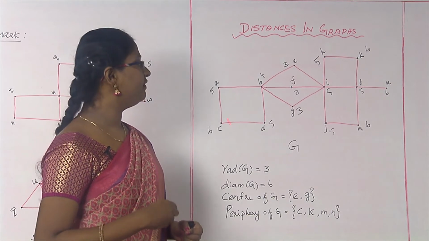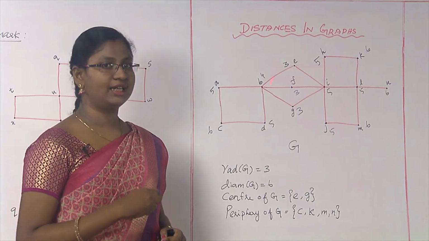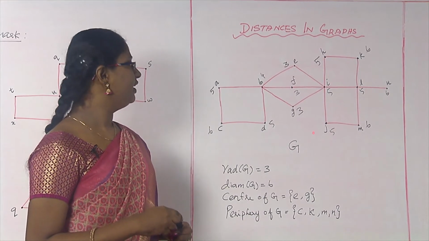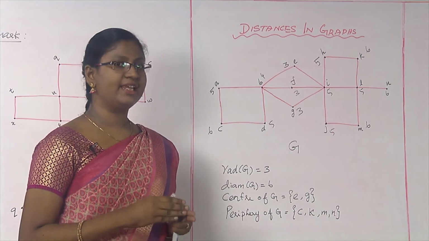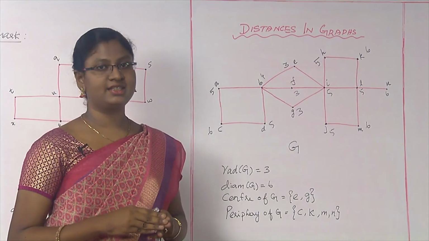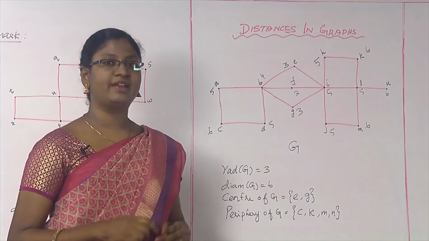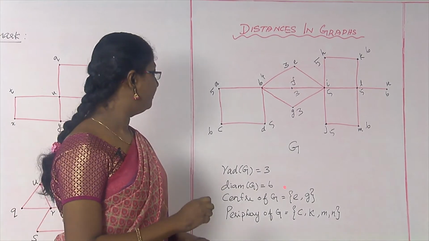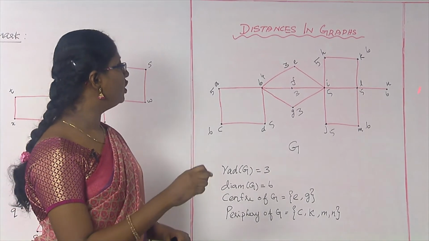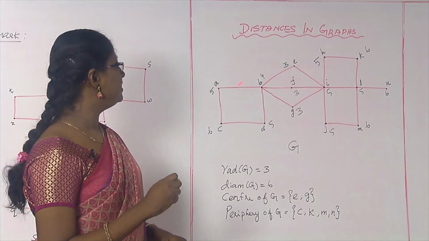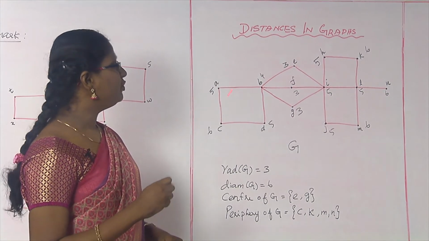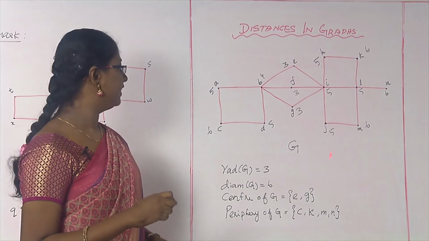So, now we have found the eccentricity of all vertices here. We are going to find the radius of the graph G. Radius is a number and the definition says radius is the minimum of eccentricities. Out of these eccentricities that I have written next to the vertices, we have to pick the minimum, and the minimum is 3.